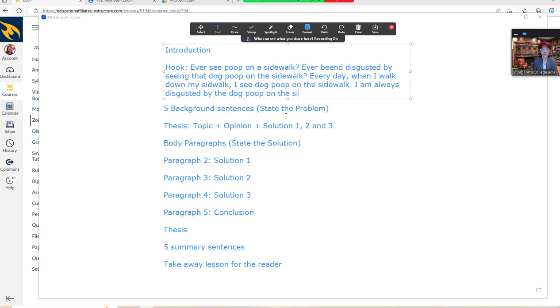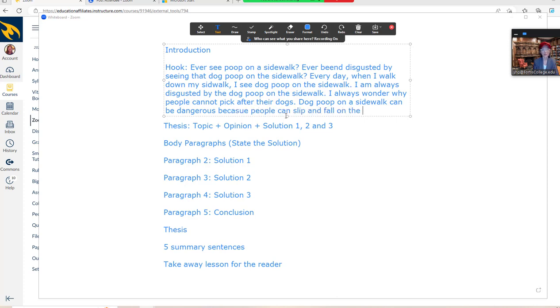I always wonder why people cannot pick up after their dogs. Dog poop on a sidewalk can be dangerous because people can slip and fall on the dog poop if they're not looking where they're going.